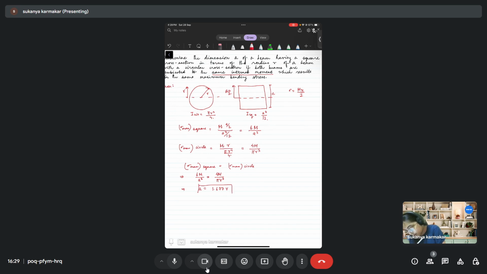This is the relationship between a and r, so that this condition turns out to be okay. Okay, let's move on to the next question.